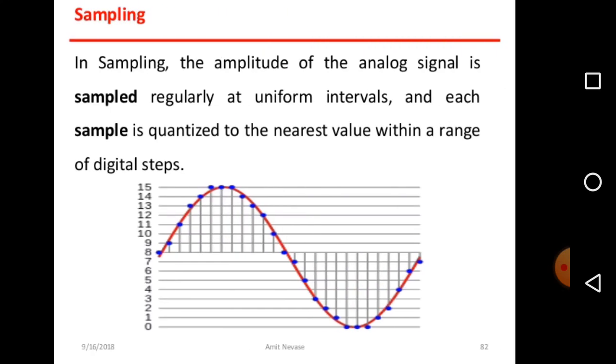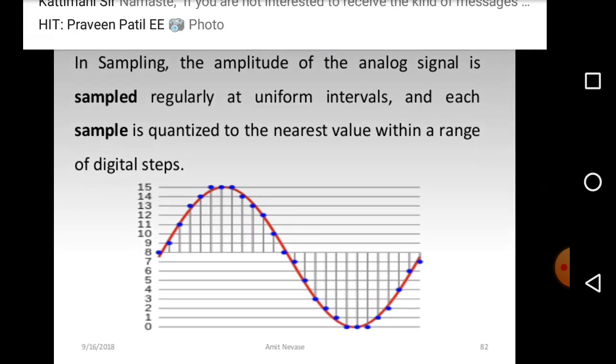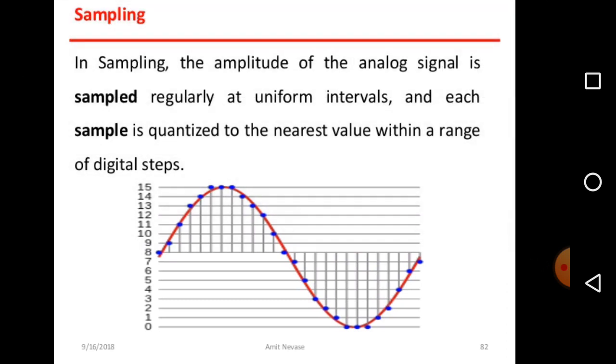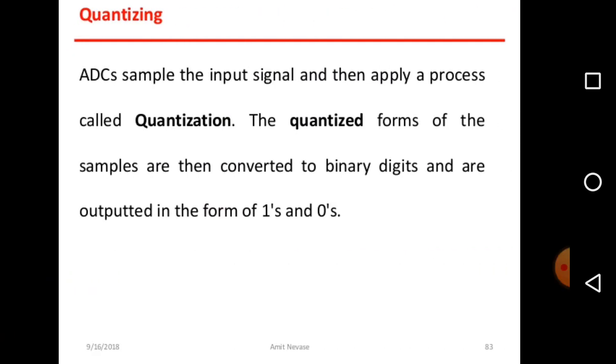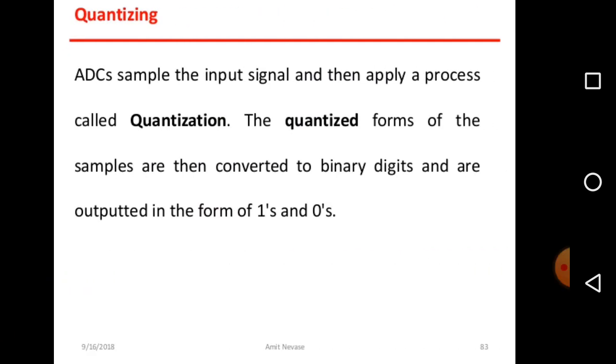Now sampling, what do you mean by sampling? In sampling, the amplitude of the analog signal is sampled regularly at uniform intervals, and each sample is quantized to the nearest value within a range of digital steps. And quantizing, ADCs sample the input signal and then apply a process called quantization.